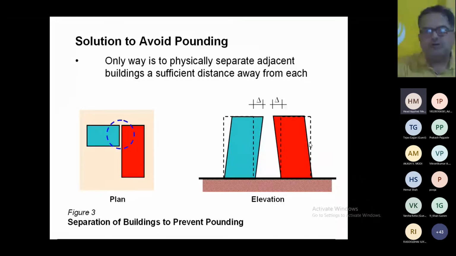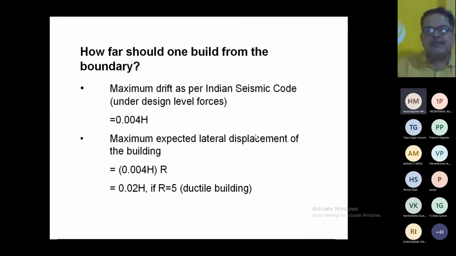The solution is you have to go for separation of these two buildings. You have to provide a proper gap. So you have to assume that these two buildings are vibrating in opposite directions, right? So you can calculate the deformation of building 1, you can calculate the deformation of building 2, right? And once you calculate this, the code is saying that the drift is 0.4%.